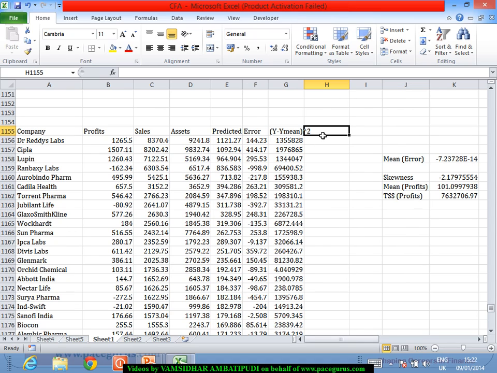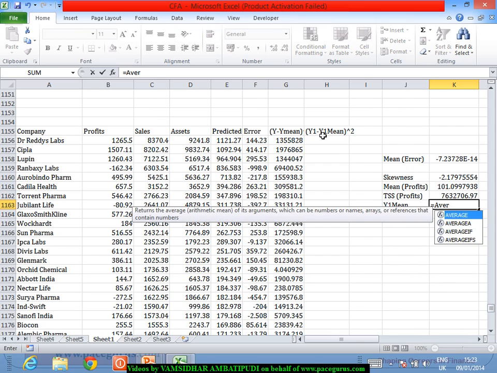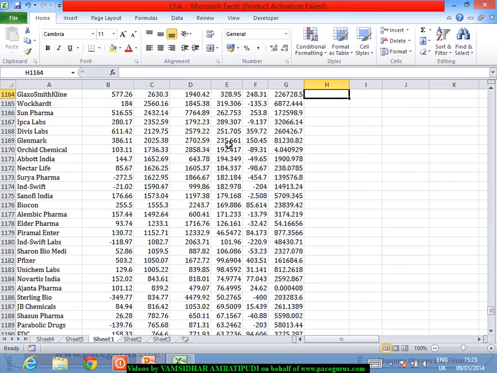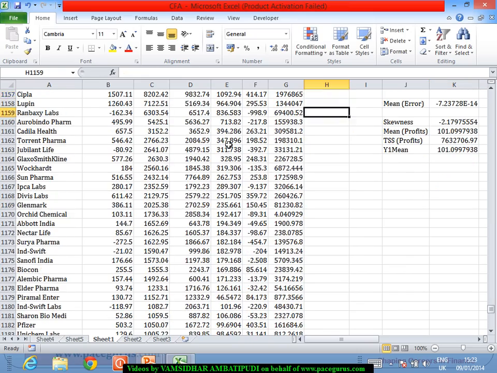If I do the same thing, y1 minus y1 mean squared, the y1 mean is the average of this particular number, so it will be the same value always.